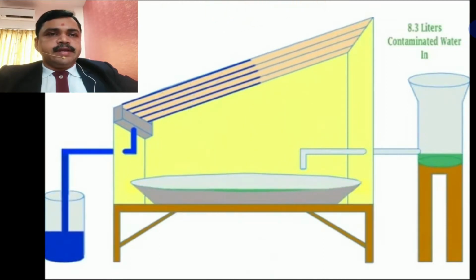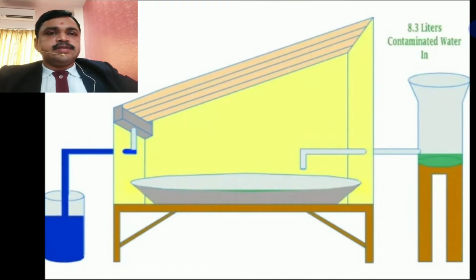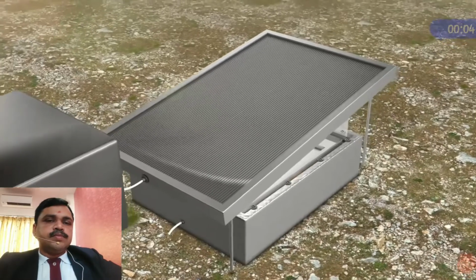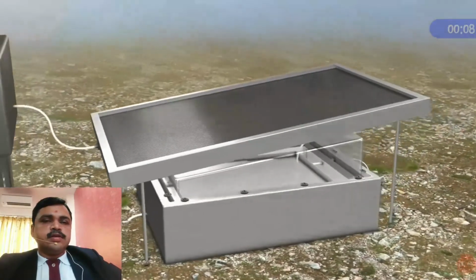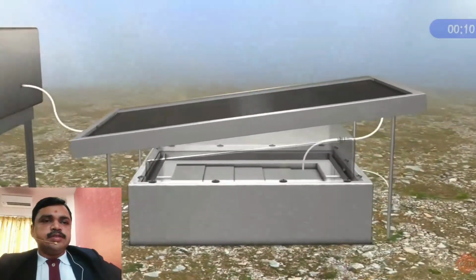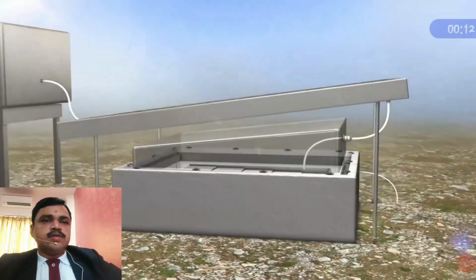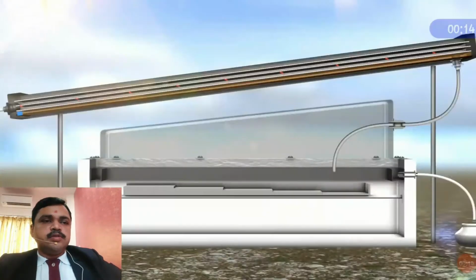Water evaporates and distillate forms inside the top. This is also a solar distillation process. This process is known as the passive method.